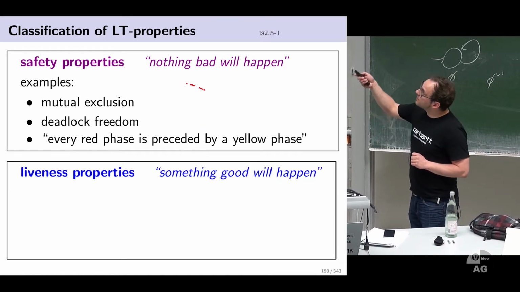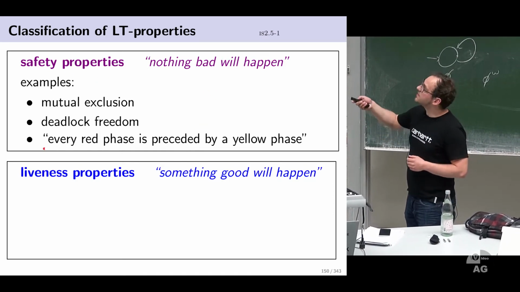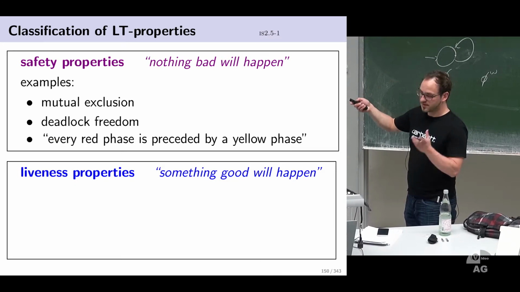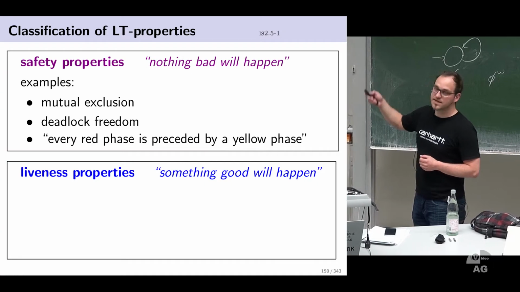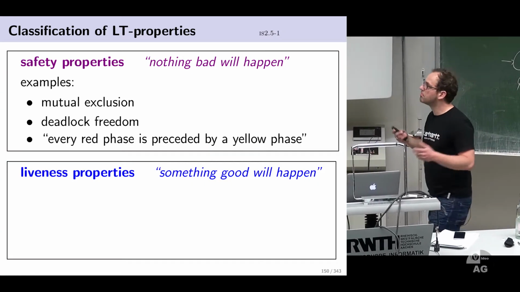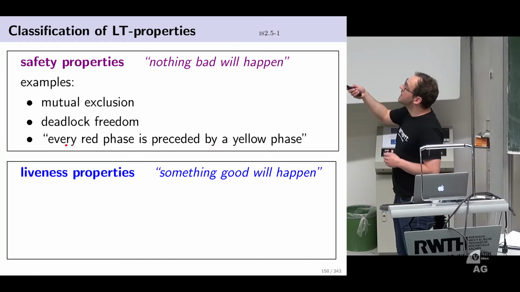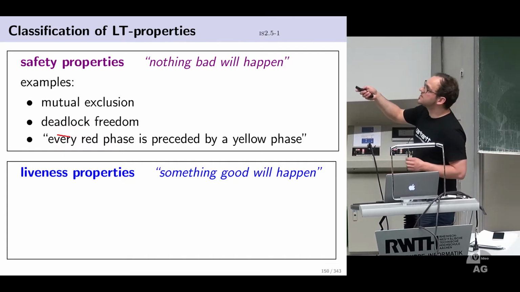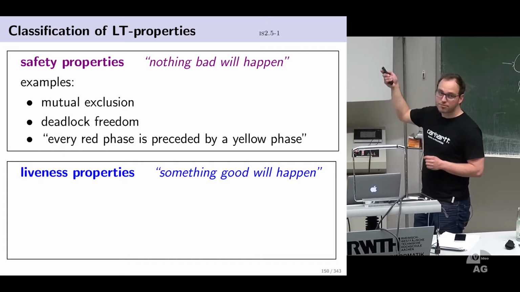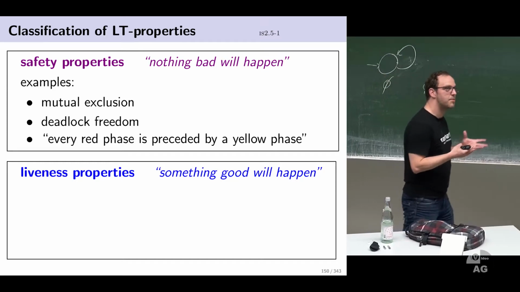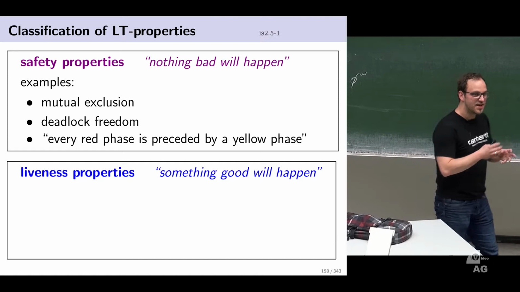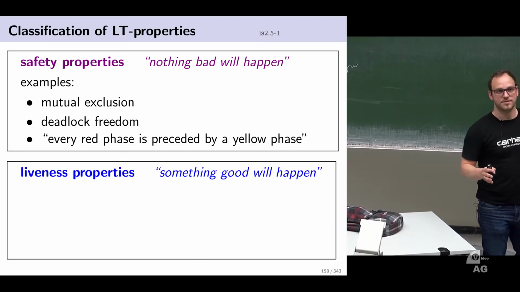And finally, another example for a maybe more intricate safety property is that given a traffic light, you want that every red phase is preceded by a yellow phase. It means that it is never the case that we have a red phase that is not preceded by a yellow phase. So you see that all these properties, somehow you can formulate them as nothing bad will ever happen.